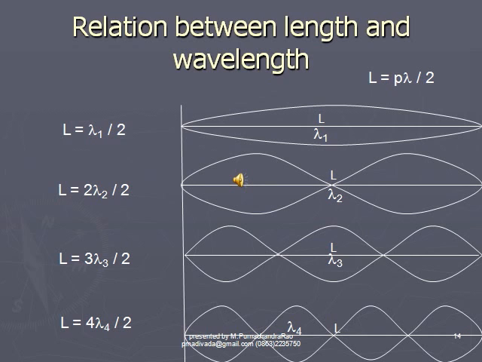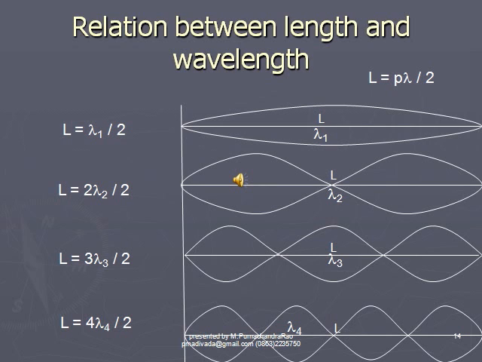In the fundamental mode of vibration, if the wavelength is lambda 1, then the length of the wire L will be equal to lambda 1 by 2. If the wire is vibrated in two loops, and the wavelength is lambda 2, then the length of the wire L will be equal to 2 into lambda 2 by 2.